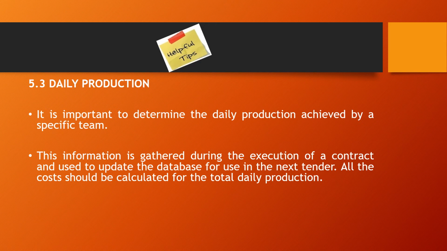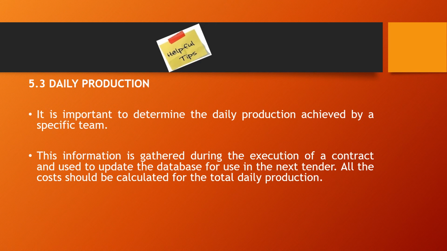Daily production is as simple as this. It is the amount of time that your workers take to execute a certain task. Let's say you're pouring concrete for a foundation.